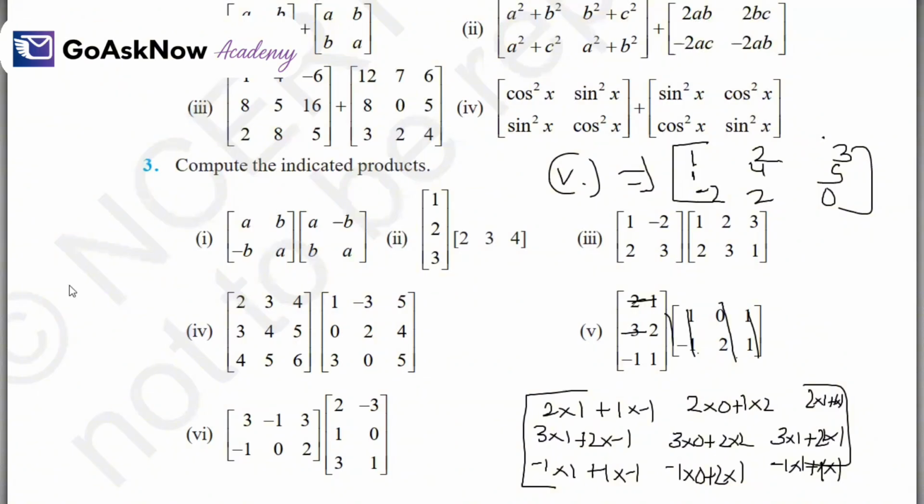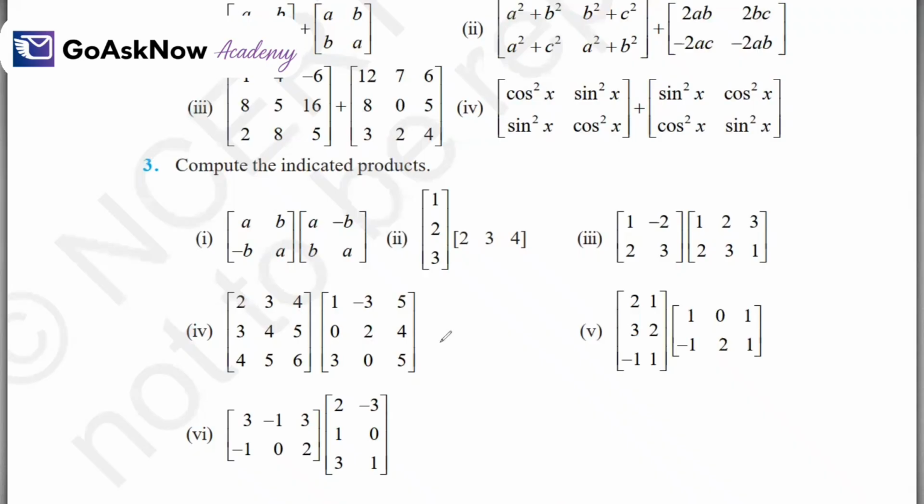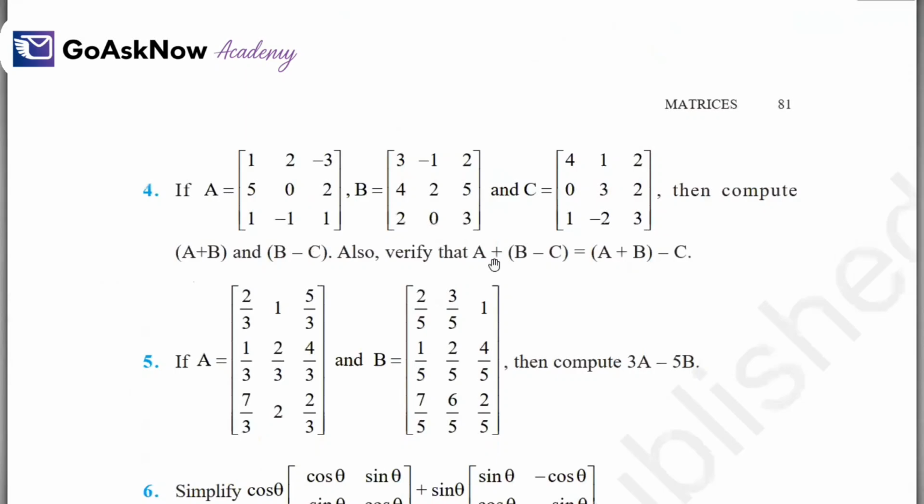Let's move further and see the next question. The fourth question says that if A is equal to this, B is equal to this matrix, and C is equal to this, then compute A plus B and B minus C. Also verify that A plus (B minus C) is equal to (A plus B) minus C. So this question is also a very easy one, and you can find A plus B and B minus C. Then just substitute the values.